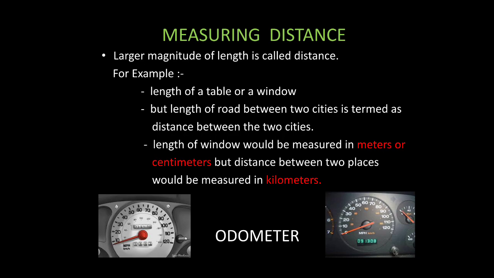We can say the length of the table or the length of the window, but the length of the road between two cities is known as distance. Clear? A smaller length like that of the table we call a length, not the distance, but the larger length we call a distance. Larger in the sense of the roads between two cities.